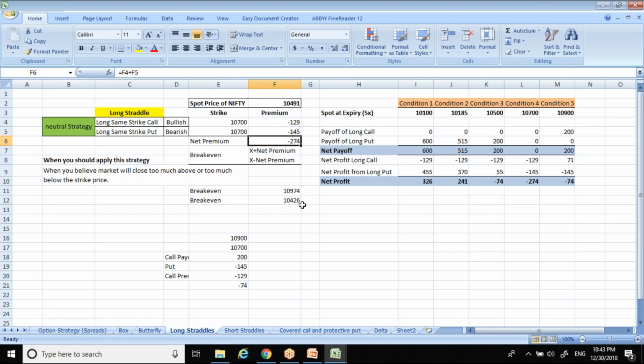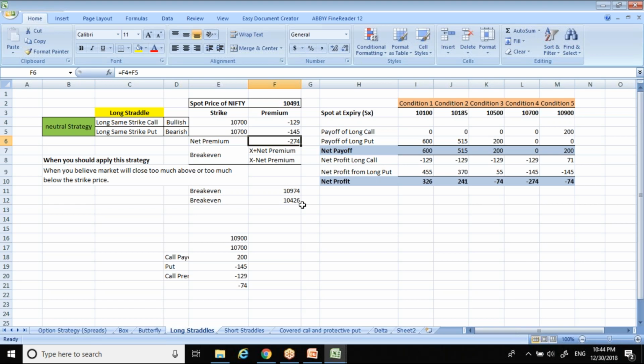But if you feel the market is range bound, so market is basically neutral and it remains in range, then you should not apply this strategy. Not at all. If you believe the market is too much volatile, you can apply. If it's not too much volatile, you should not.